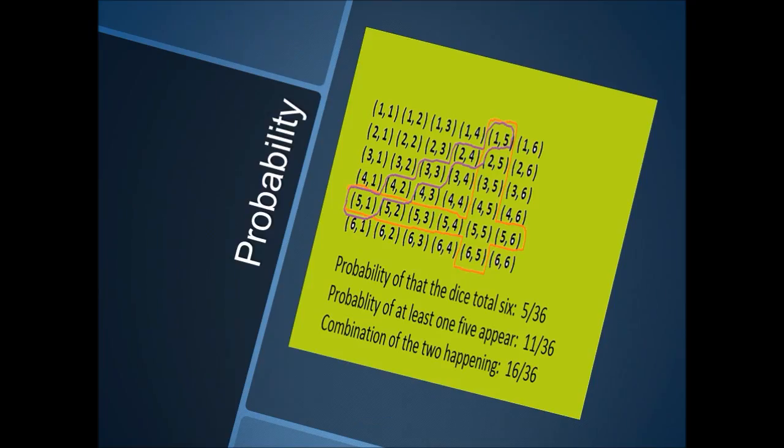The probability of at least 1 5 appearing is 11 out of 36. Combination of one or the other happening is when we add them together. 5 over 36 plus 11 over 36 equals 16/36, which can be reduced to 4/9.